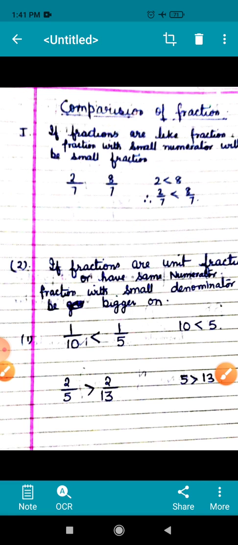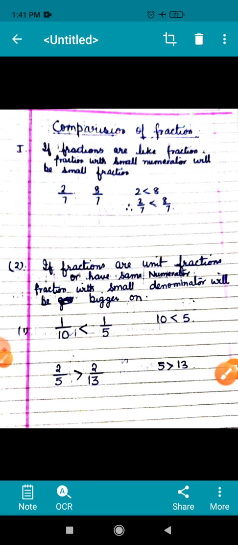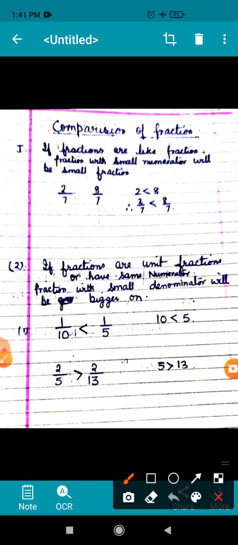The second rule, what does it say? It says if fractions are unit fractions or have the same numerator, then the fraction with the smaller denominator will be the bigger fraction.